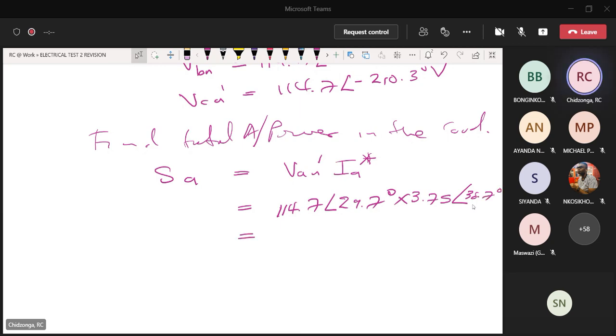So when we calculate this, we are going to get 114.7 angle 29.7 times 3.75 angle 38.7.